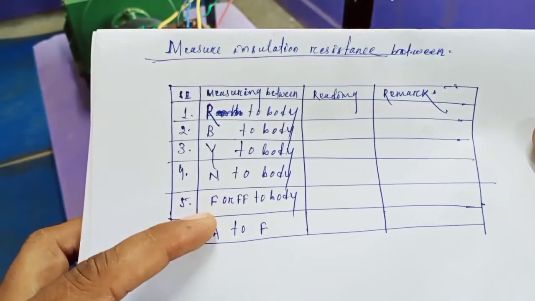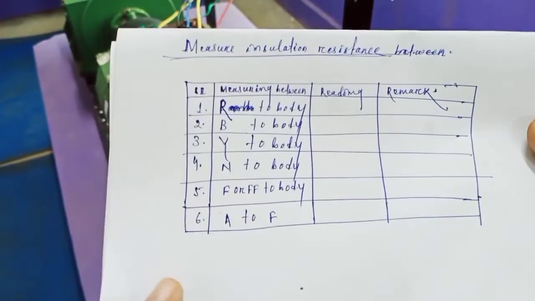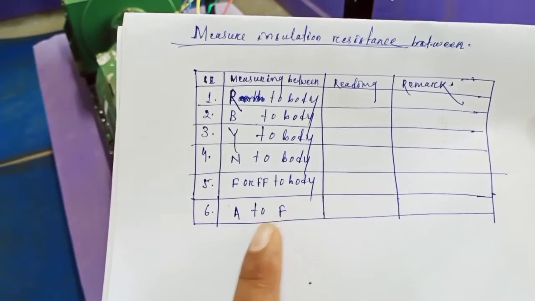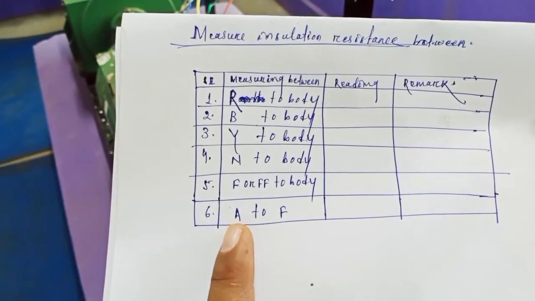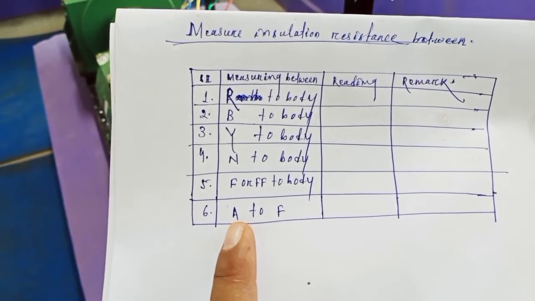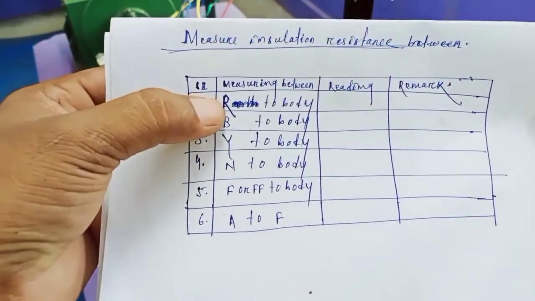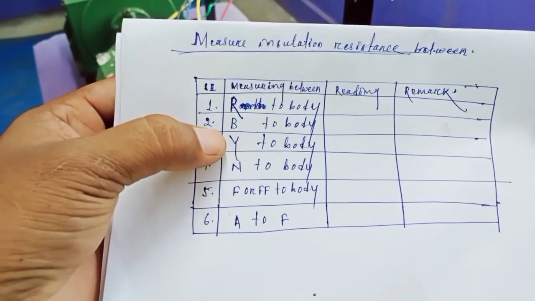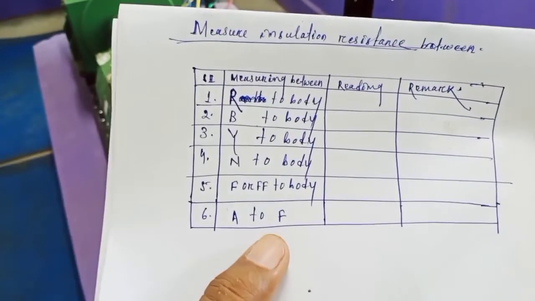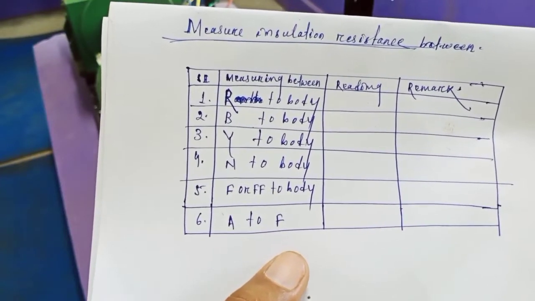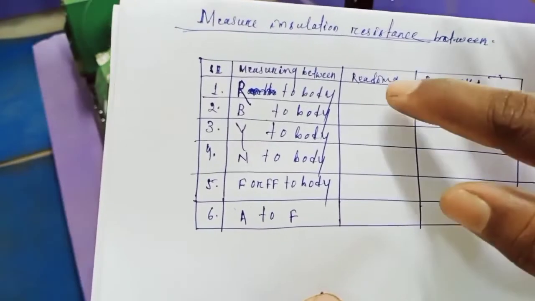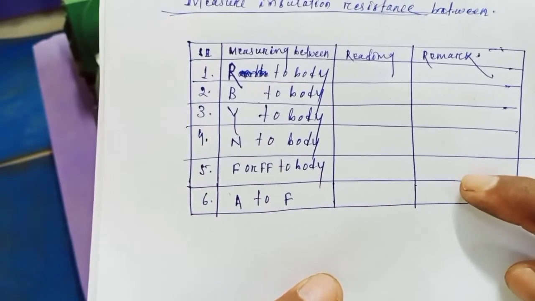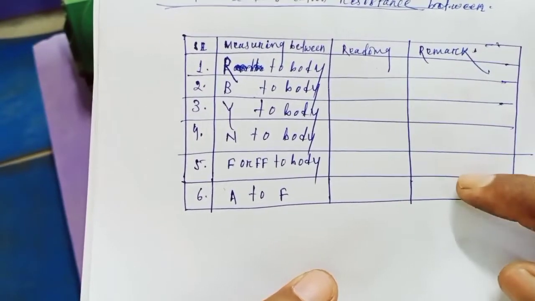Again we measure the field insulation resistance between the field and body, and again we measure the resistance between the armature terminal, any terminal such as R, Y or B, and any terminal of the field. We note down the Megger reading. Then we remark on the condition of the insulation.